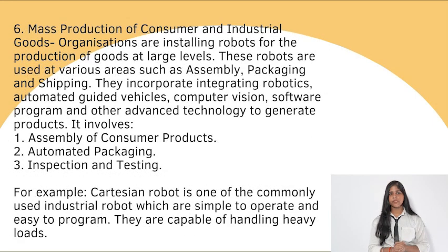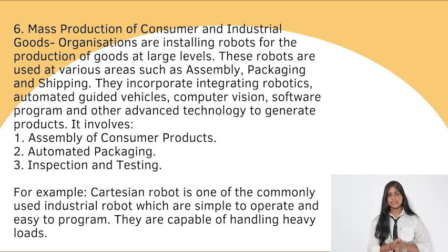Coming to our next topic, we have another sector, that is mass production of consumer and industrial goods. Organizations are installing robots for the production of goods at a large level. These robots are used in various areas such as assembly, packaging and shipping. They incorporate integrating robotics, automated guided vehicles, computer vision, software programs and other advanced technology to generate products.